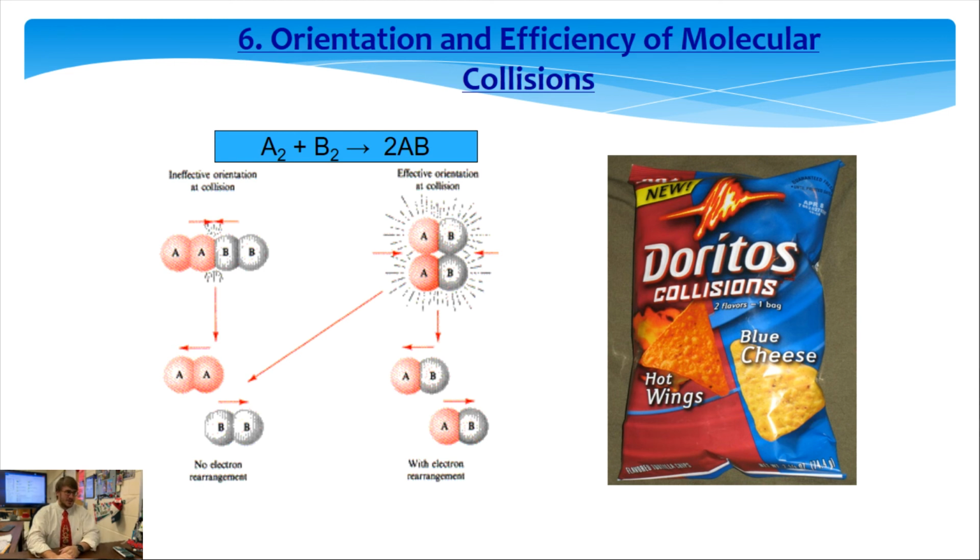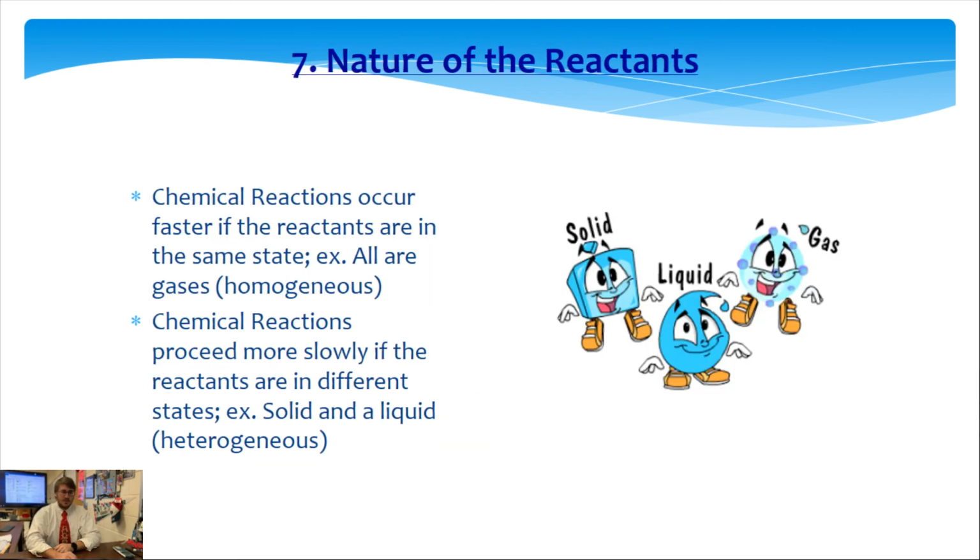So orientation and efficiency of these molecular collisions. The collisions are basically colliding in the right way in three-dimensional space. Anyway, orientation. What is it? How the reactants collide, the way they collide, and what happens if they collide in certain ways versus others in three-dimensional space. They produce products better, which would be increasing the rate.